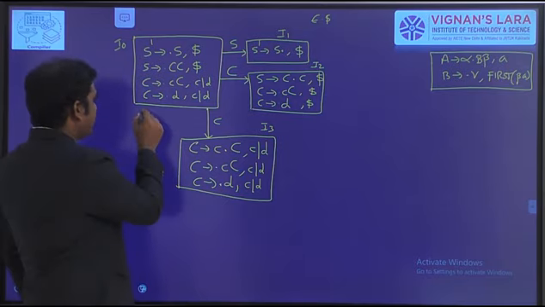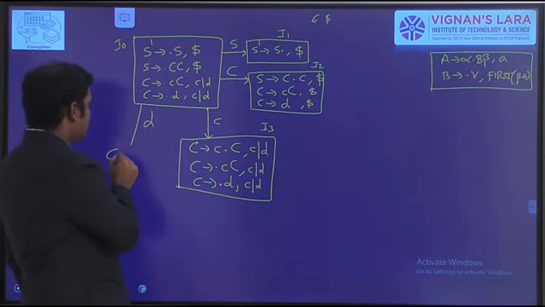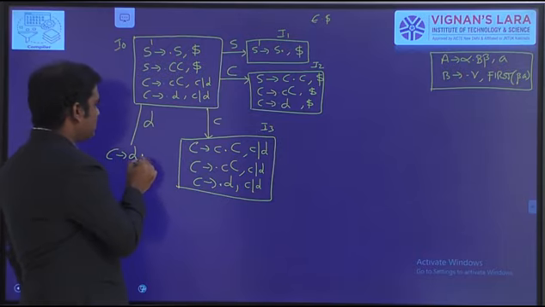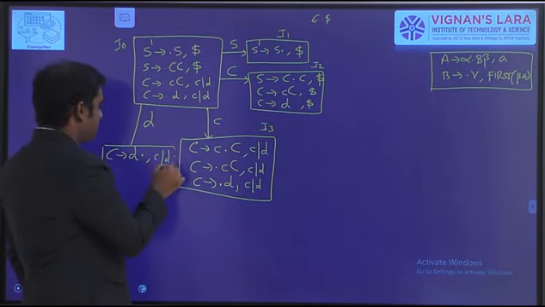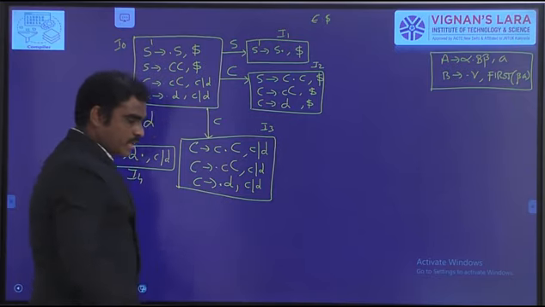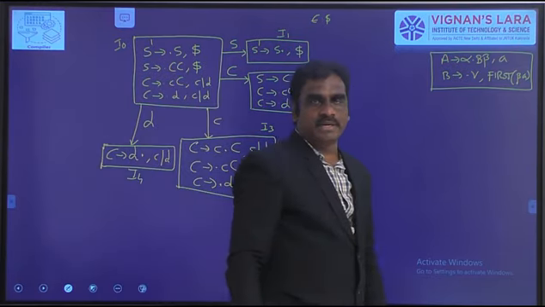Next one, d. The result: first apply the goto operation, C to d dot, c or d. There is no closure operation here. So this is I4. Now I0 is completed.